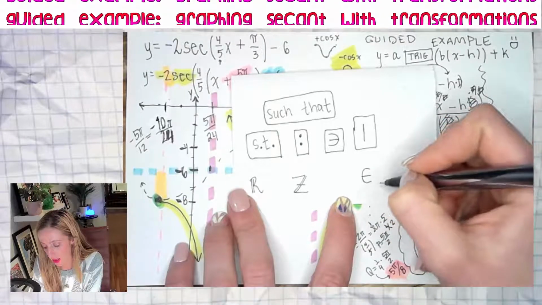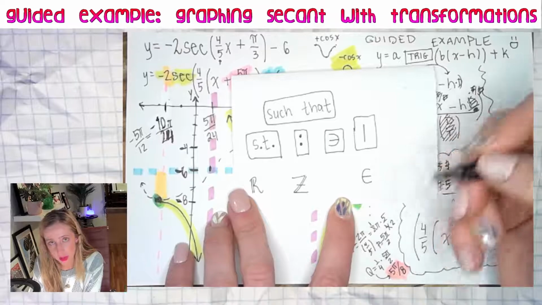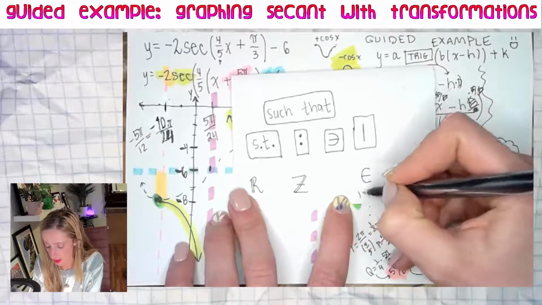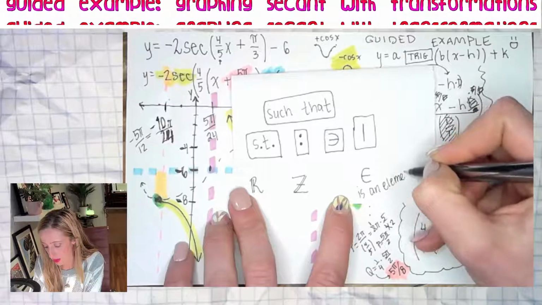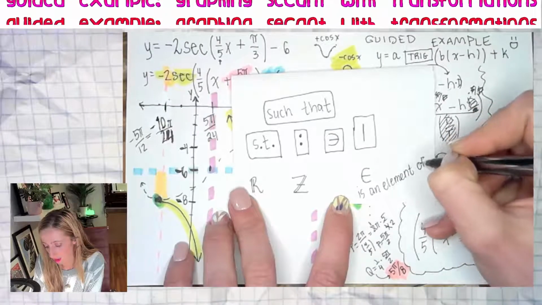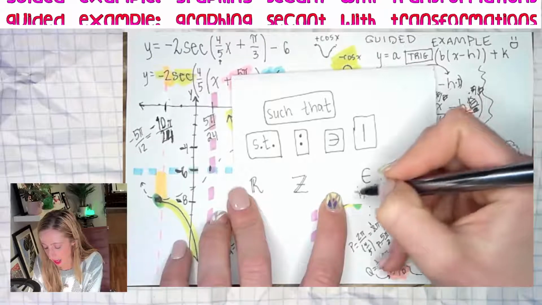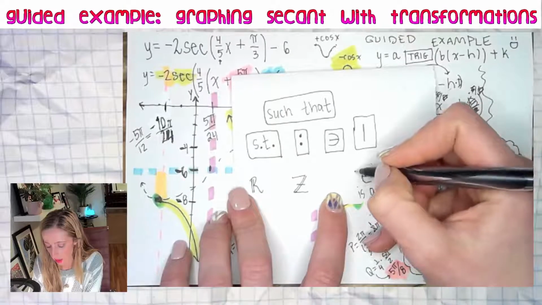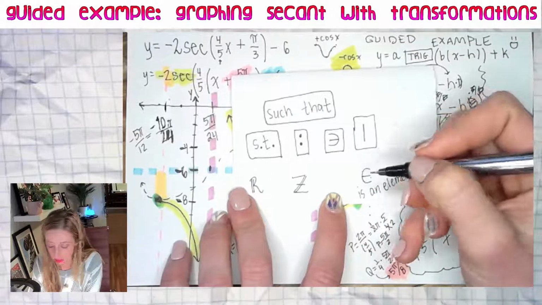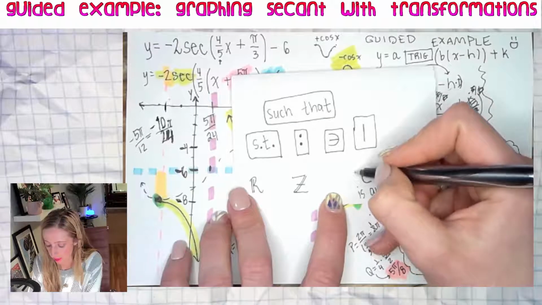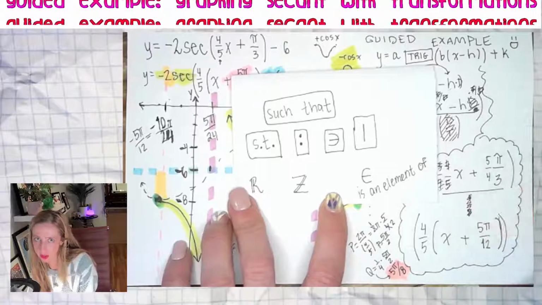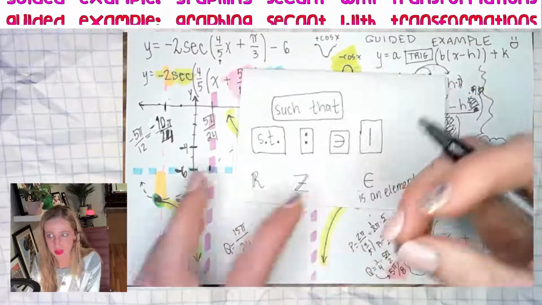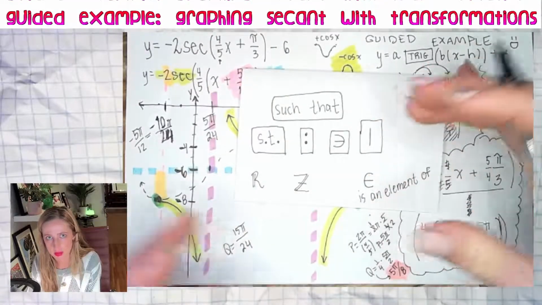This symbol means is an element of. So you might say something like, I'm just trying to keep it really simple, radical 5 is an element of the irrational numbers. Okay, so it's something that belongs in that set.